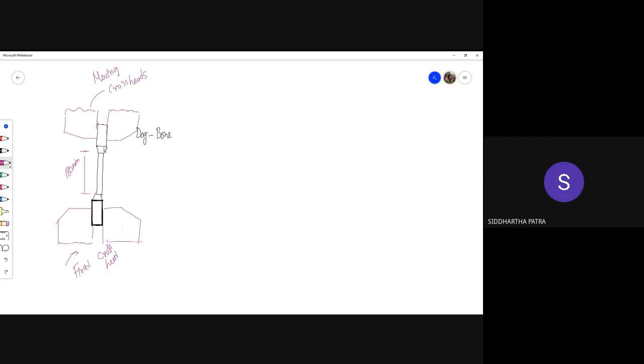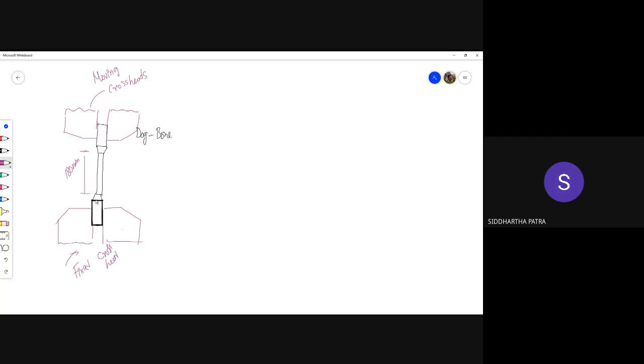Now why do we need to make larger diameter for the portions that we are trying to grip? The reason is that whatever happens to the geometry, be it plastic deformation, be it fracture, everything happens in this region of 180 millimeters.